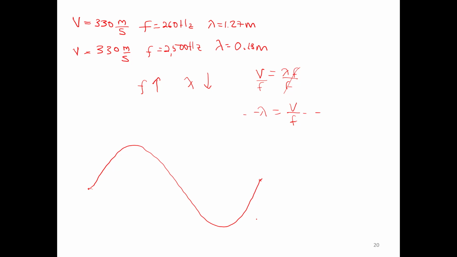Then what happens if we write the equilibrium position? Now, how can we compare this one with the second one? What happened with this? The frequency increases, then the wavelength decreases.